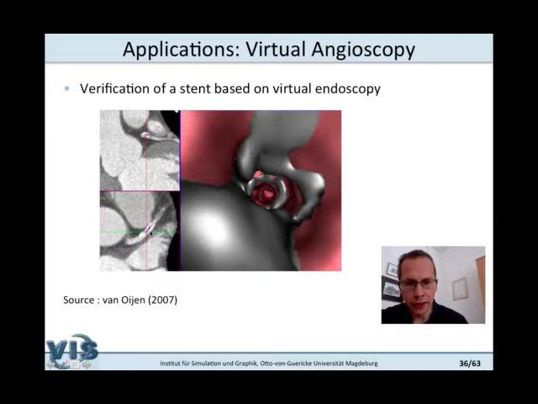These are the brightest structures that are almost white. Yeah, and this virtual angioscopy was carried out to understand whether the stent really remains at the position where it was placed, whether it is really fully inside the vessel wall, and was not displaced in any way.